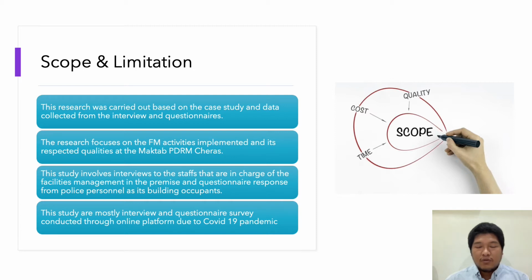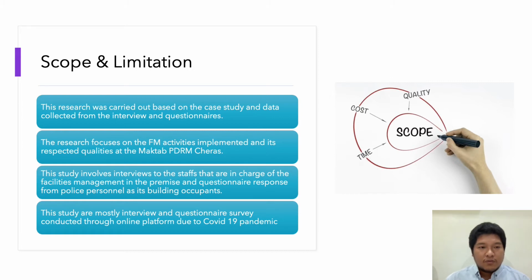The questionnaire survey will be used to identify the occupant satisfaction level. The semi-structured interview will be used to identify the quality criteria system that has been used at Maktab PDRM Cheras, which involves interviewing the developer and contractor personnel that are currently handling the Maktab PDRM Cheras building.